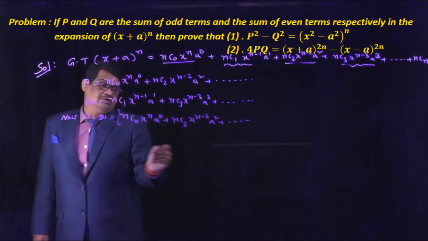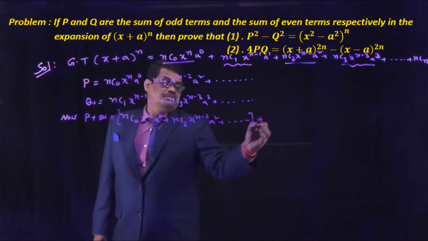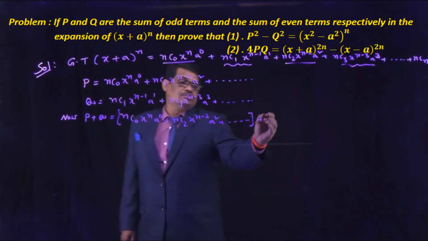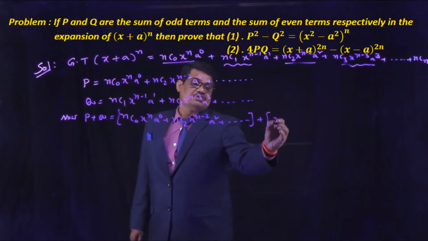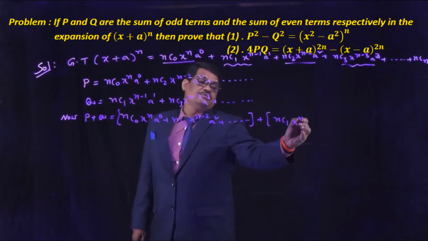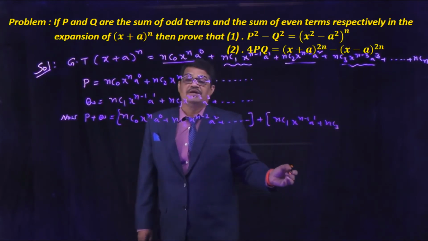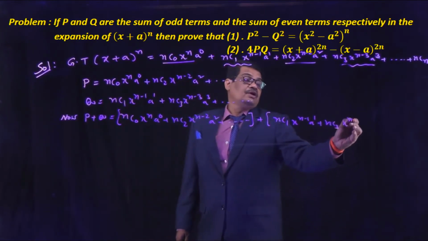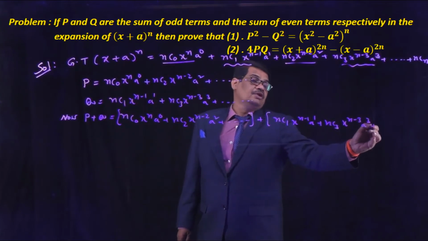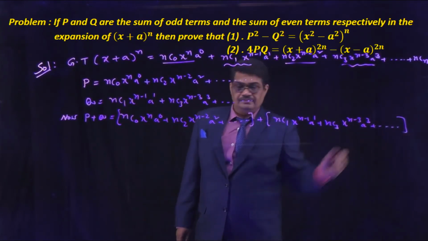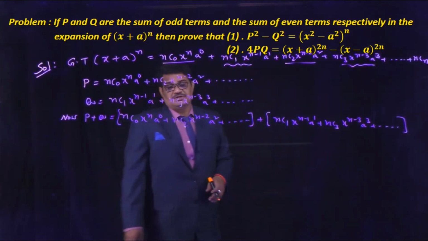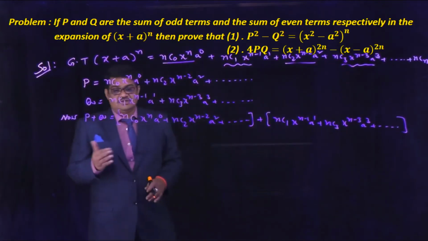These are the sum of the terms of P. And what is Q? Q is the terms nC1 x^(n−1) a^1, nC3 x^(n−3) a³, and so on. These are the terms, the sum of the terms P and the sum of the terms Q.